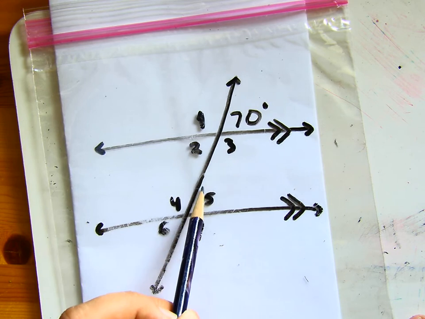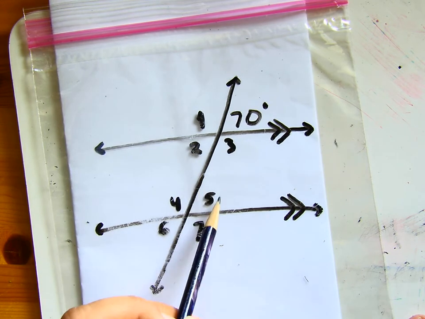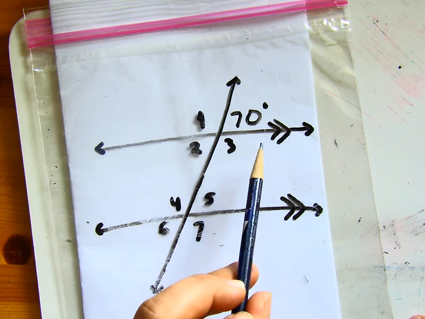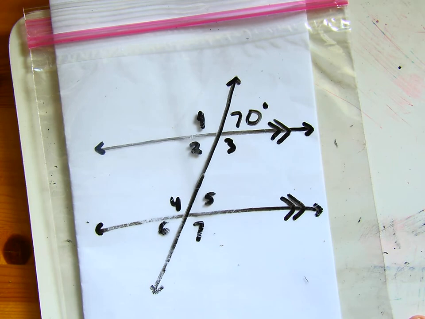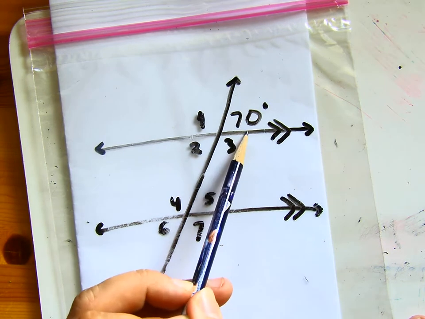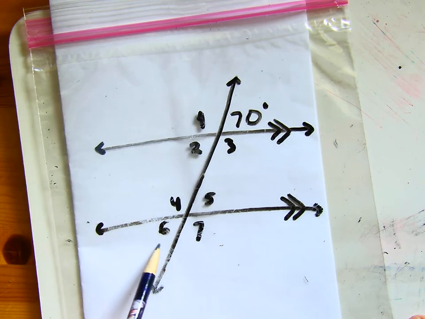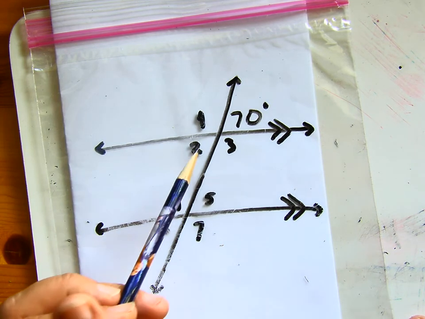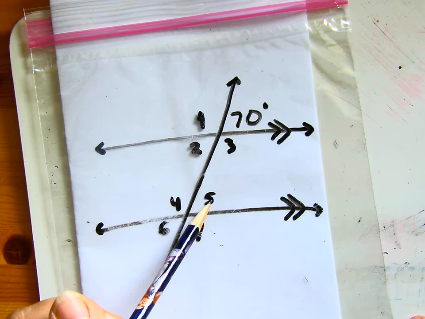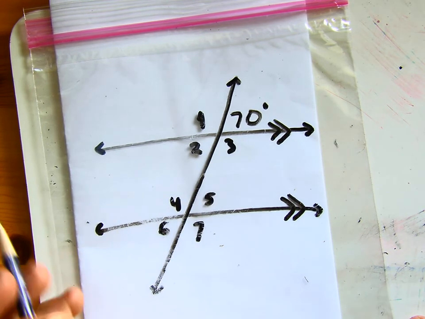So if these are called alternate interior angles because they alternate across this transversal line and are within the set of parallel lines, then what do you think angle 70 degrees and 6 would be called? So if 2 and 5 are alternate interior angles, what would you call 70 and 6?